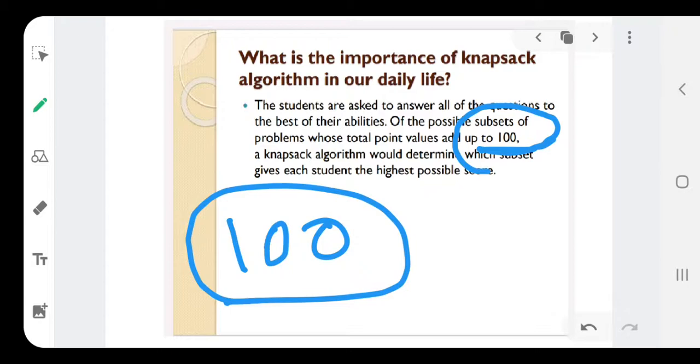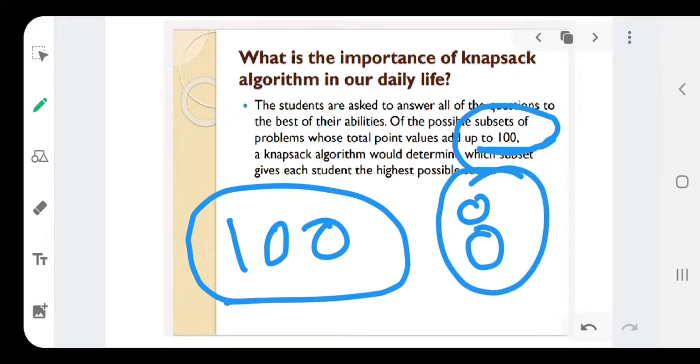For example, students get 8 questions and need to attempt 5 questions. So they have to choose 5 objects, and the constraint is that they have to complete their paper before the allotted time.